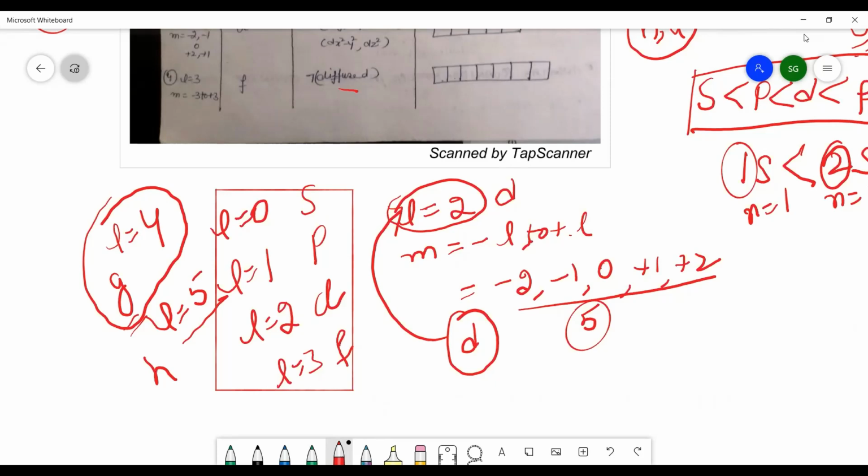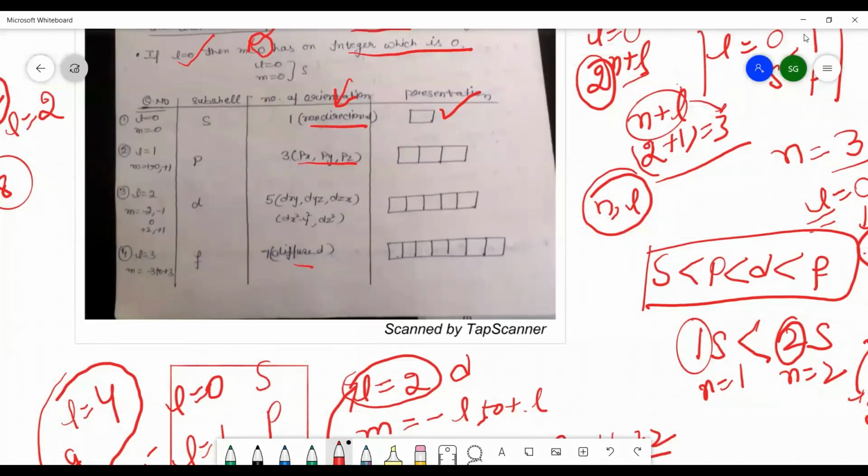So in this manner you can find out the orientations, that is 1, 3, 5 and 7 orientations. Now in these orbitals, in these subshells, the electrons can be filled, and these electrons will be filled with the help of different types of principles, different types of laws.